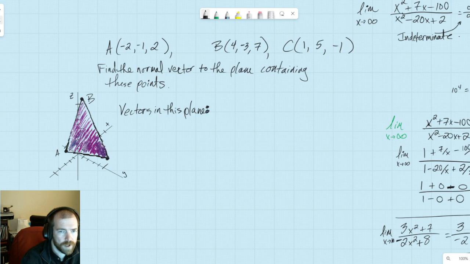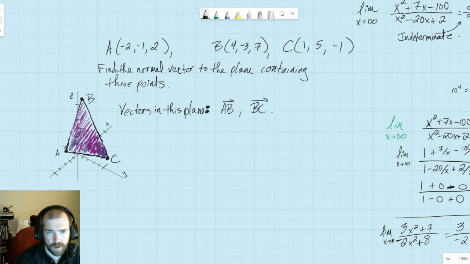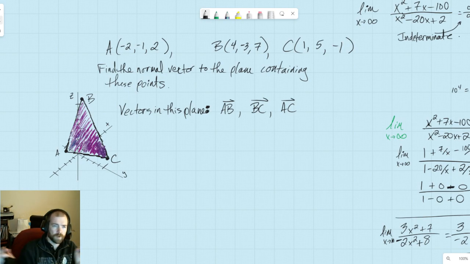So there are three obvious vectors that live in this plane. Let's see. There is AB, BC, and AC. Now, we can pick any two of them we want. We can even pick the ones that are going backwards from them. It doesn't really matter.